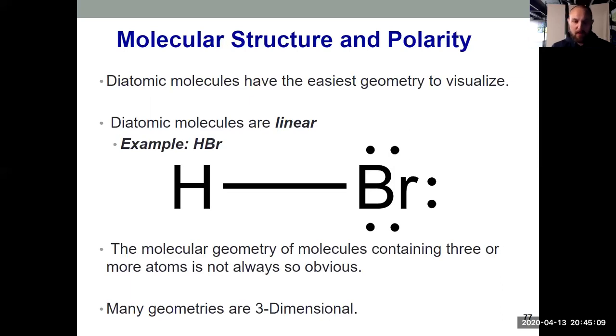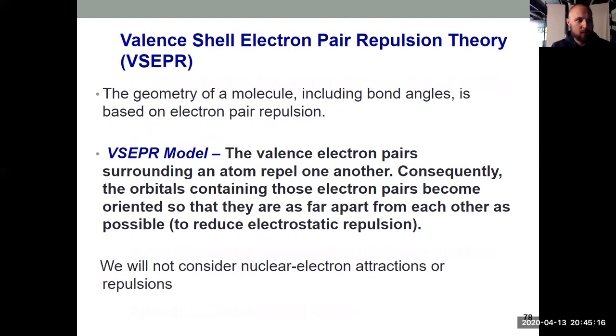To consider that 3D framework, we need to use something known as VSEPR, valence shell electron pair repulsion theory. And essentially, what VSEPR tells us is that electrons take up space. Electrons have the same charge, right? They're all negatively charged, and those like charges repel one another.